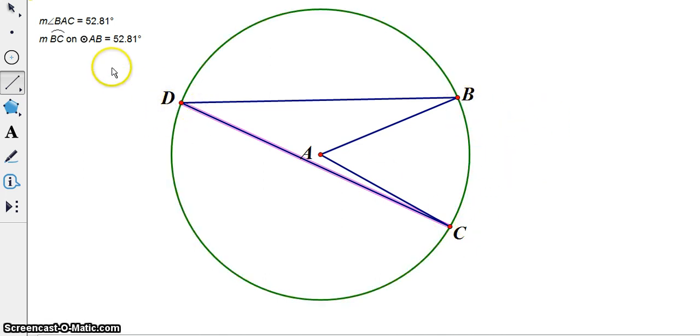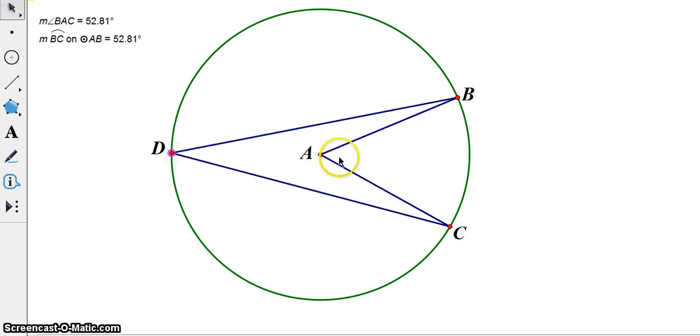You can see, just looking at it, that this angle is not as big as this angle here. In other words, if you think of it like a doorway opening, it's open bigger than this one here. So if this angle is the same as the arc, that can help you remember that this angle has to be the smaller of the two. This one's the one that's half the arc.